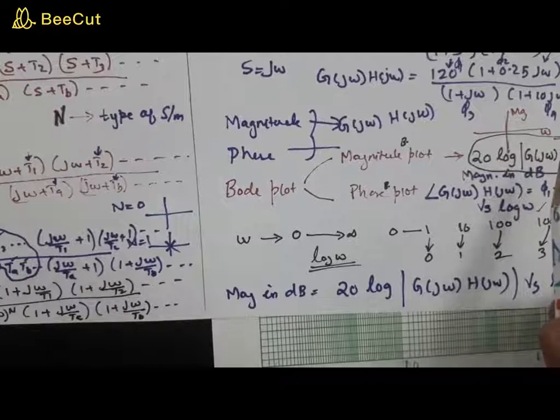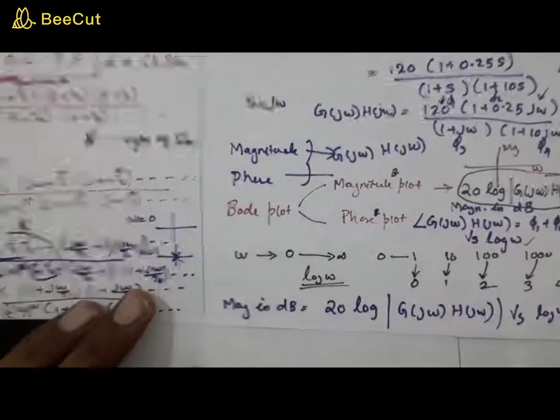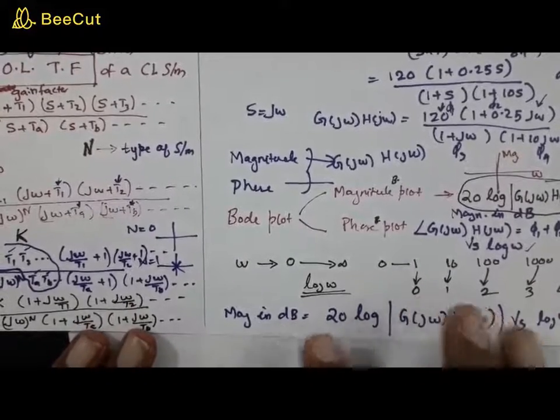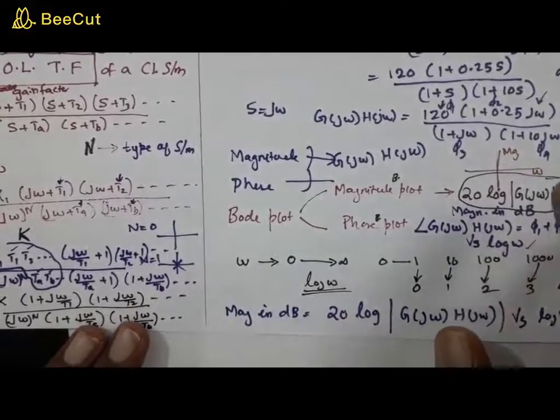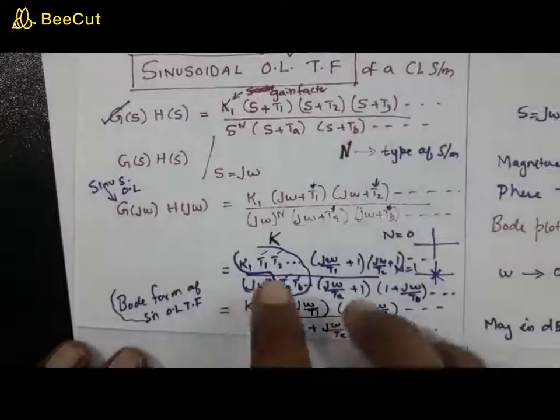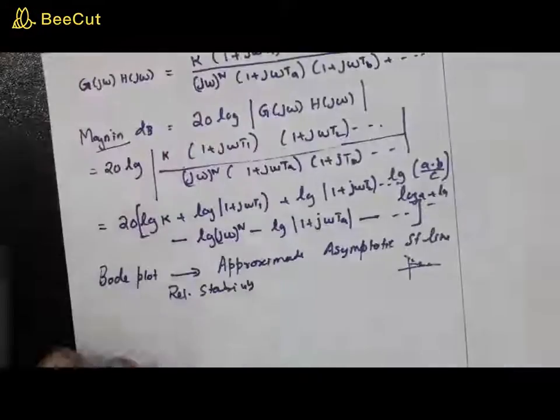I will tell you the reason within a short while from now. Now let us see how to express this magnitude in decibel and find out the phase from a general Bode form of the open loop sinusoidal transfer function.